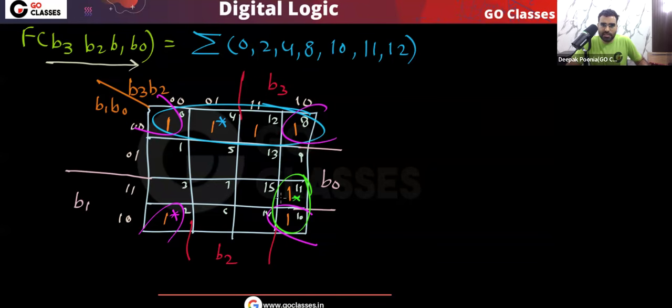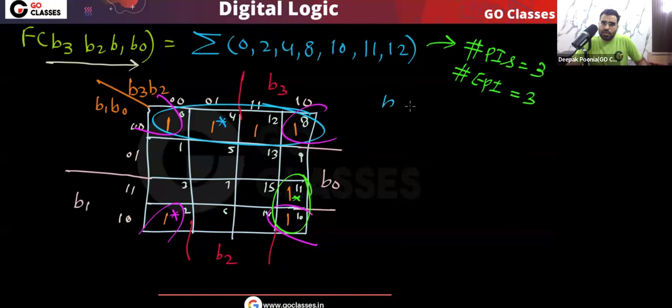So I can say that these three PIs are all EPIs. Is there any other PI? If they ask you for the number of prime implicants, then do we have any other prime implicant here? Just check it. No, we do not have any other prime implicant. So remember, for this function, the extra information I am sharing with you is that the number of PI will be 3. And the number of EPI is also 3, because every PI is EPI here. And notice one thing, all the EPIs are collectively covering all the one cells. So we will get a unique minimal SOP, correct?